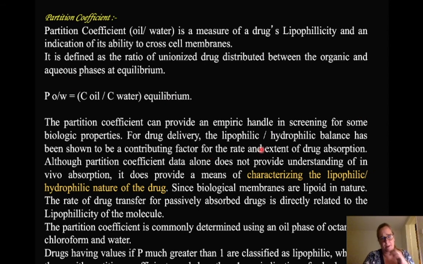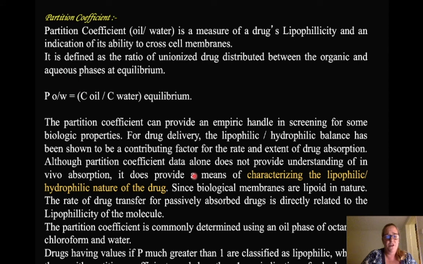For drug delivery, the lipophilic or hydrophilic balance has been shown to be a contributing factor for the rate and extent of drug absorption. The partition coefficient data alone doesn't provide enough understanding. It provides a means of characterizing the lipophilic and hydrophilic nature of a drug, but biological membranes are lipoid in nature, so the rate of drug transfer, for passively absorbed drugs, is directly related to the lipophilicity of the molecule.